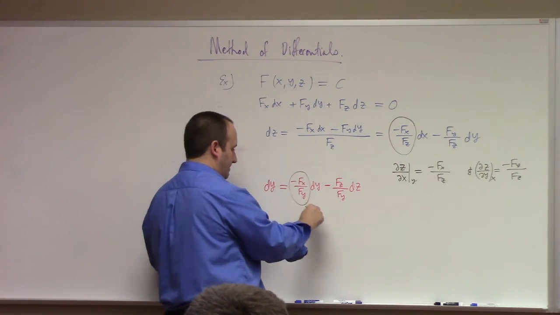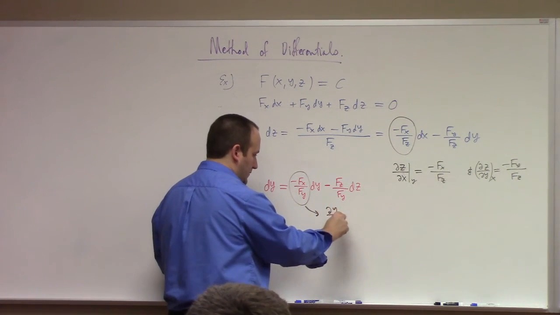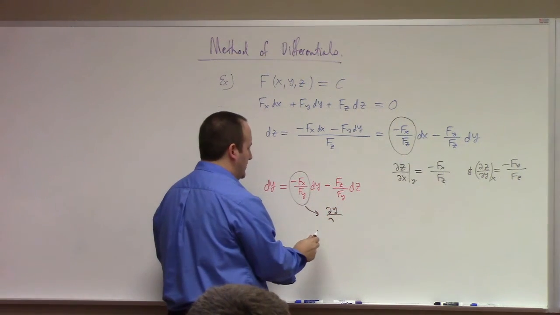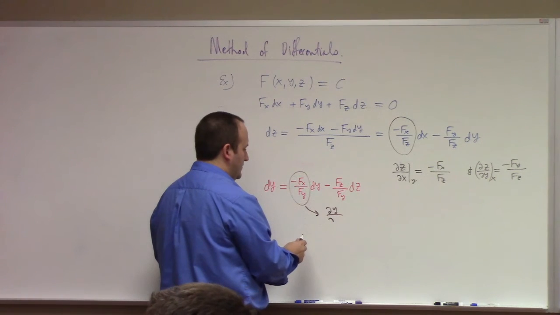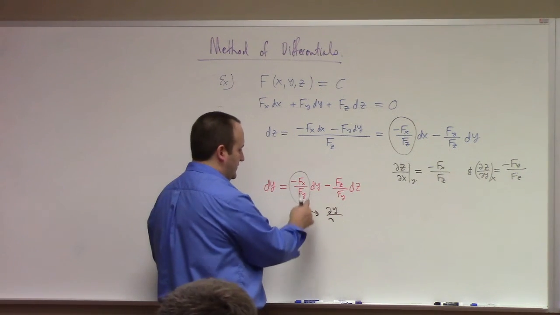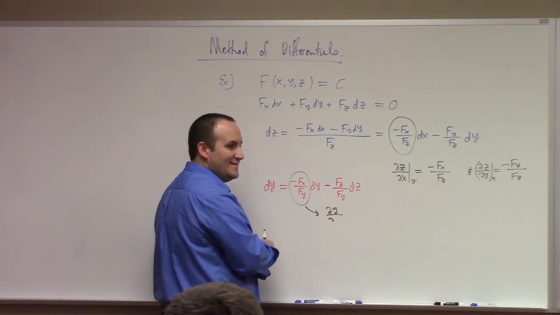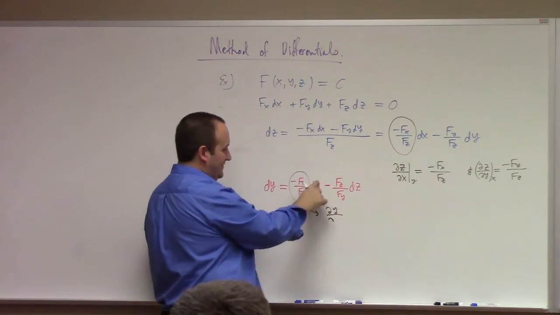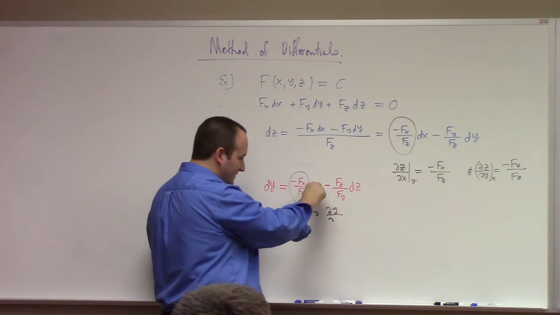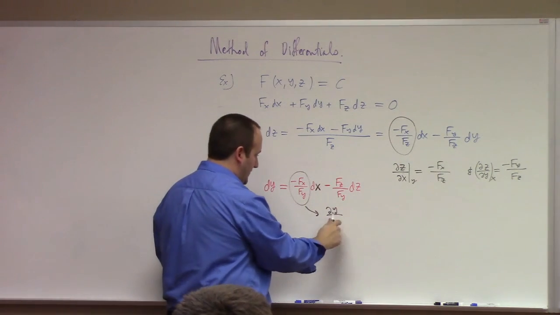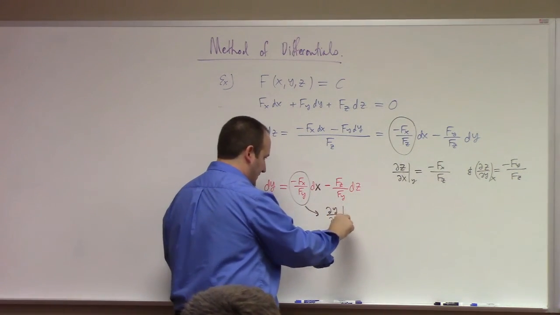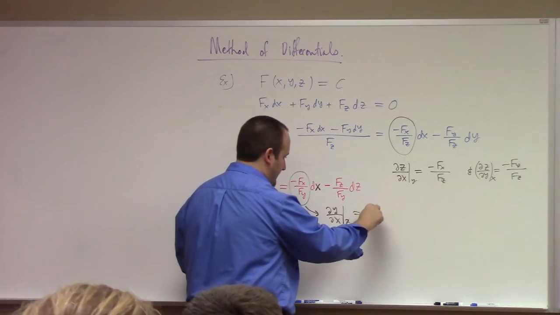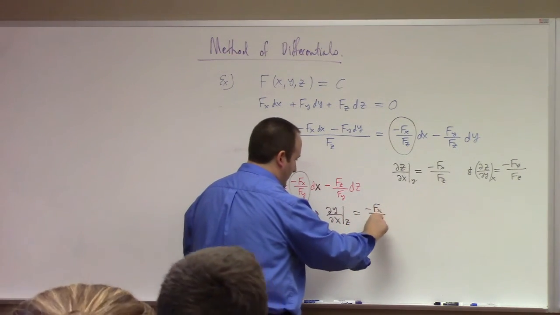What's this tell me? Partial y. Oh, I'm an idiot. What's wrong here? Okay, so this is partial y, partial x, holding z fixed, and that's equal to minus fx over fy.